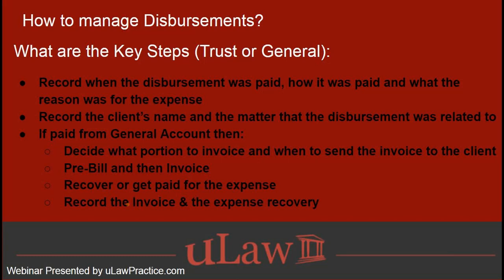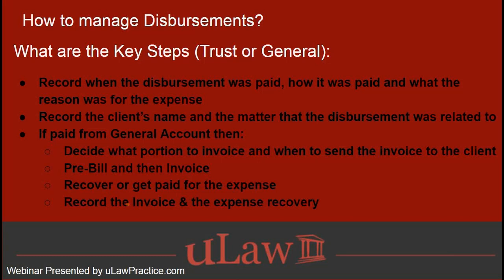If your legal firm does have a trust account with a bank, you have that vehicle as an opportunity. You also have the general account, of course, to pay for these disbursements from your business general account, business credit card, etc. The key difference is if you're actually paying for these disbursements out of your trust account.